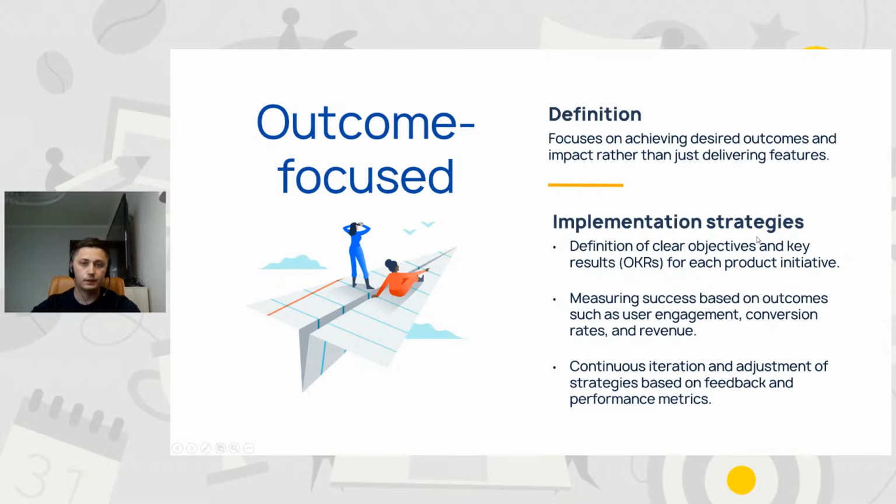The next one is continuous iteration and adjustment, because the product is an emerging organism, and in this case, you need to adapt it to the market and user needs. That's why the more feedback you receive from your customers, the more changes you will have to introduce in your product to address these new customer needs.